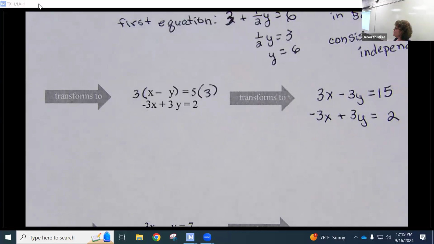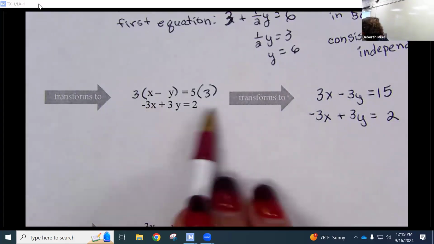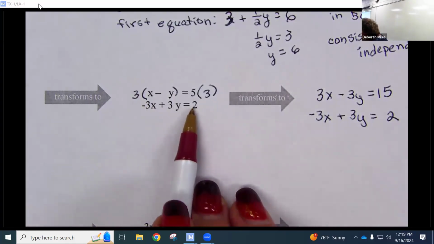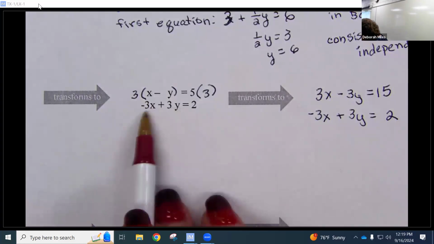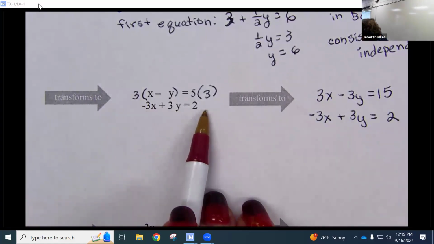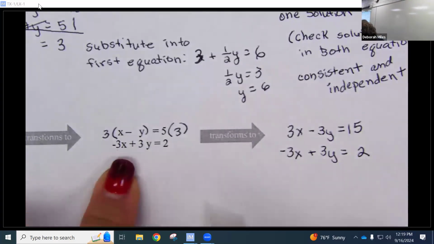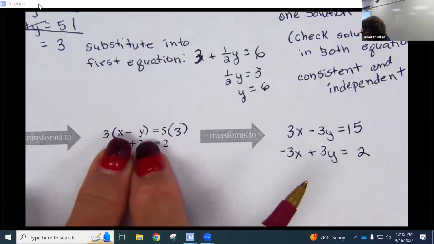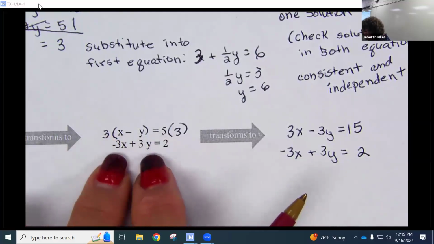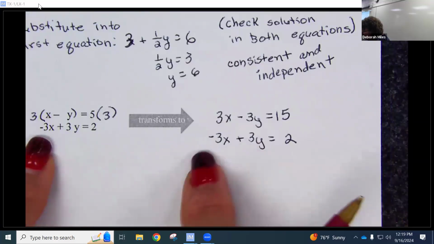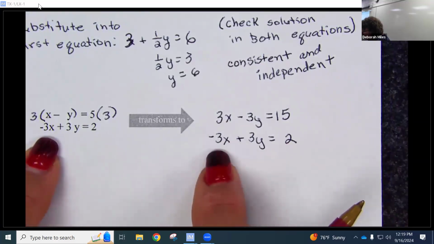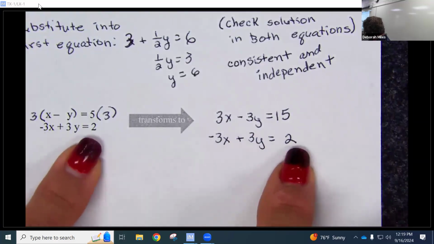Now, Miss Taylor, what made you erase there? Because I wasn't right. Yeah, but if you tell me what you're thinking, then I can help you with it. What were you thinking? What did you multiply by? 6? You multiplied the bottom equation by 6. What eliminated when you did that? If you had the top equation x minus y equals 5 and this equation multiplied by 6, then right here you would have negative 18x plus 18y equals 12.